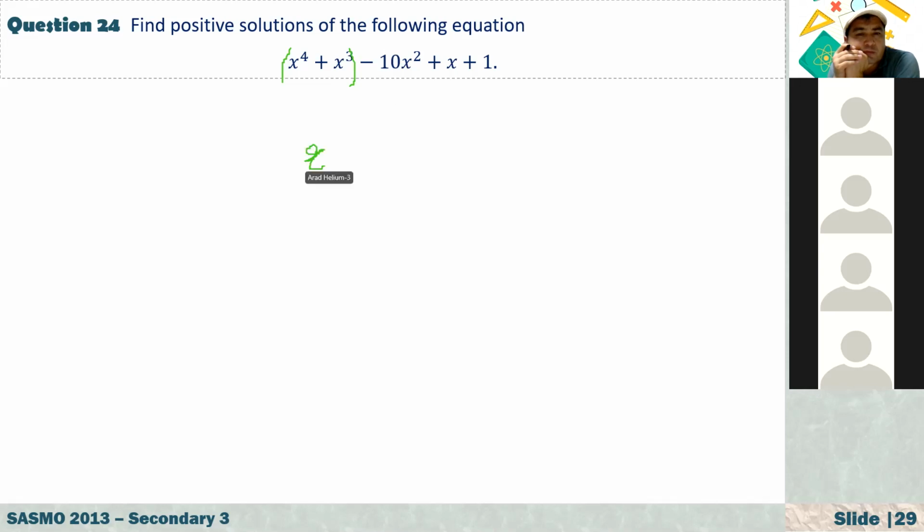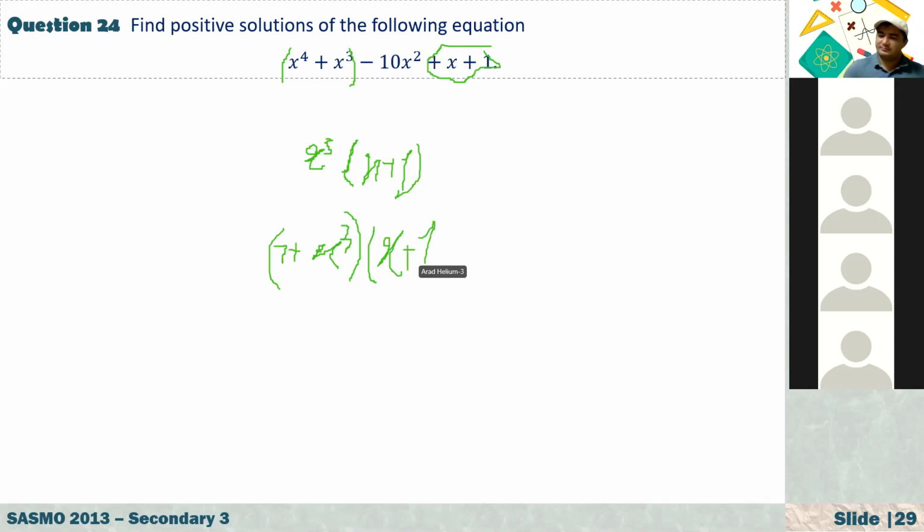It becomes x to the power of 3, bracket x plus 1. And here we have x plus 1 as well. So we group them, we get x to the power of 3 plus 1 times x plus 1. And then we factorize this one.